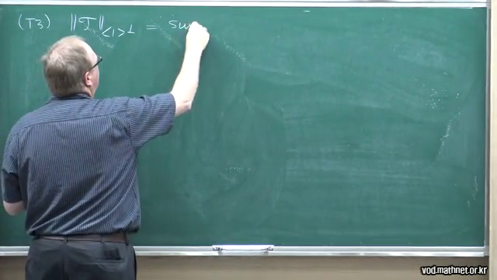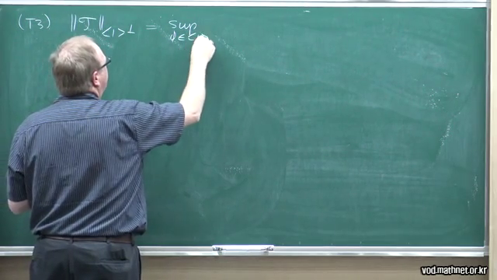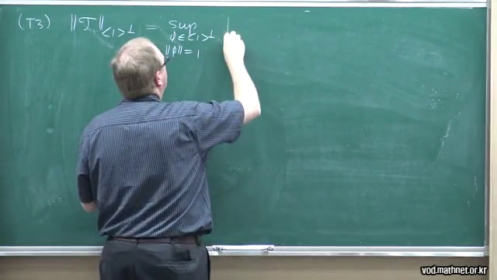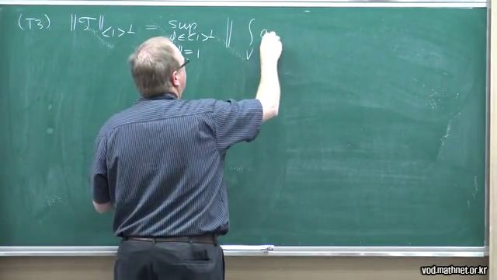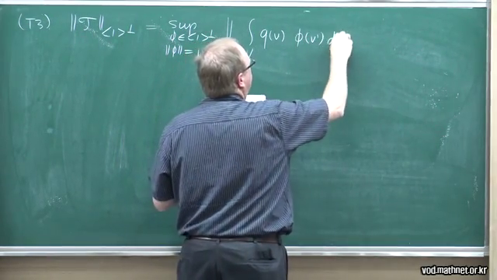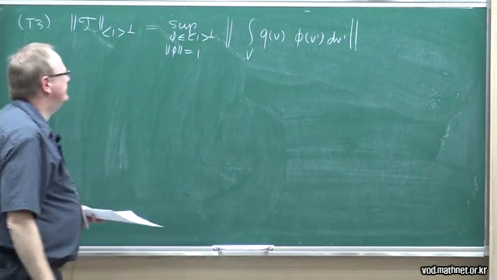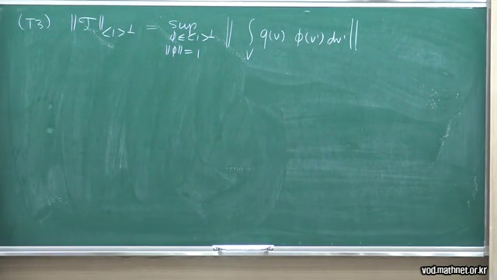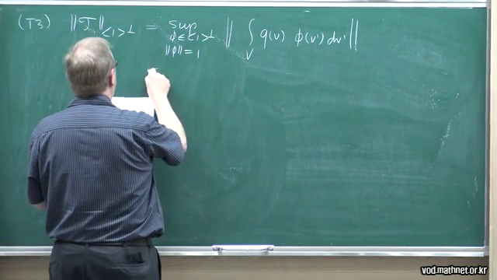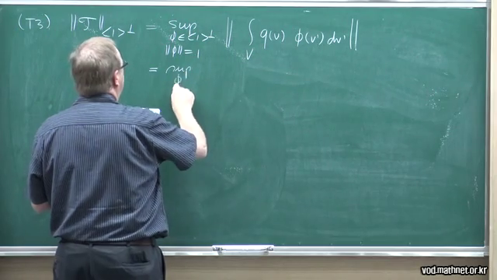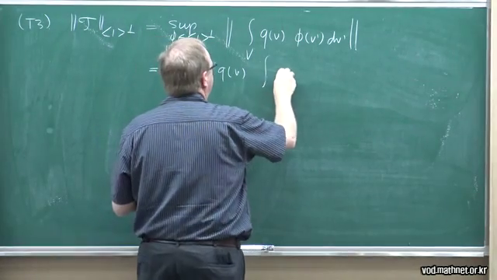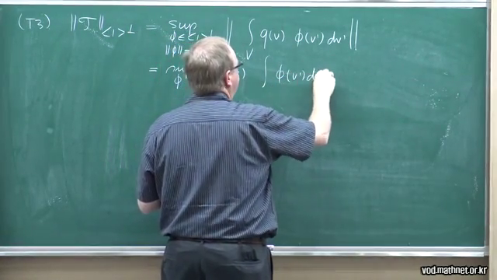This is the supremum over all phi in the orthogonal complement, having norm equal to 1, of the integral of q of v phi of v prime dv prime. Now we are lucky: q depends on v and phi depends on v prime, so we can take out q. Then this is the supremum over phi of q of v times the integral of phi of v prime dv prime.